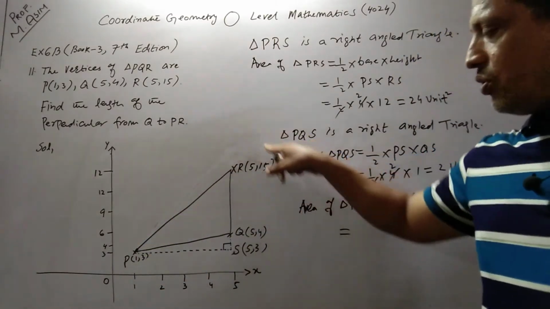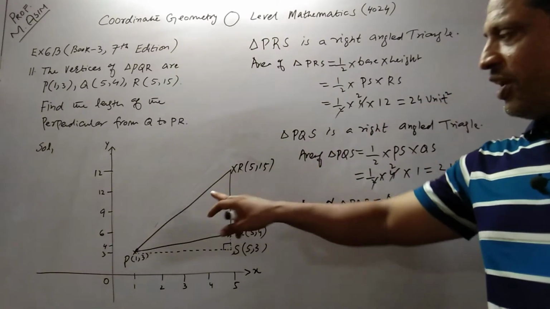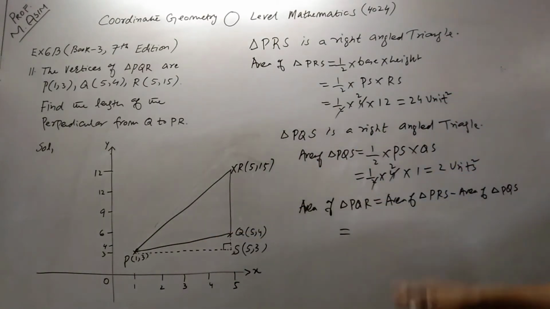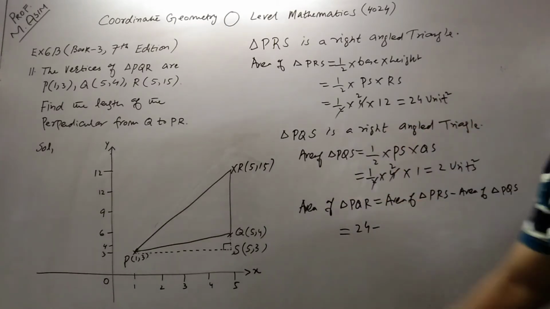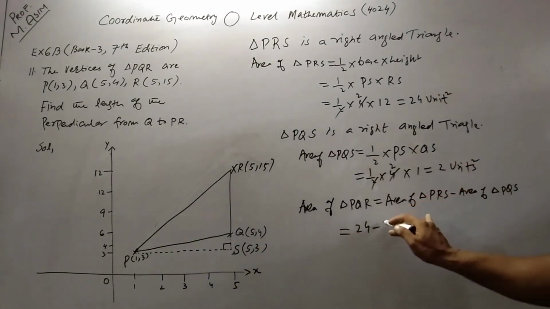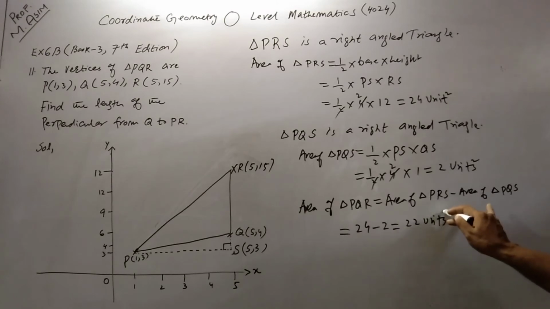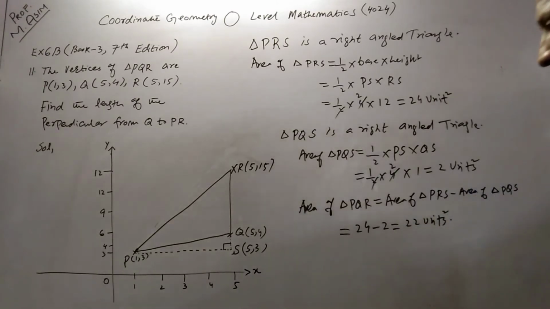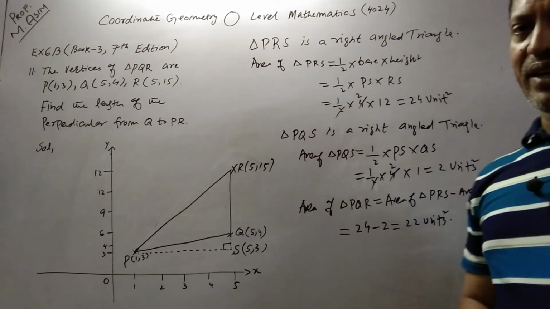PRS represents the whole triangle, including triangle PQR and including triangle PQS, and the answer is 24, minus area of triangle PQS, which we have already found, 2. So 22 square units. So I achieve the goal to find the area of this scalene triangle.